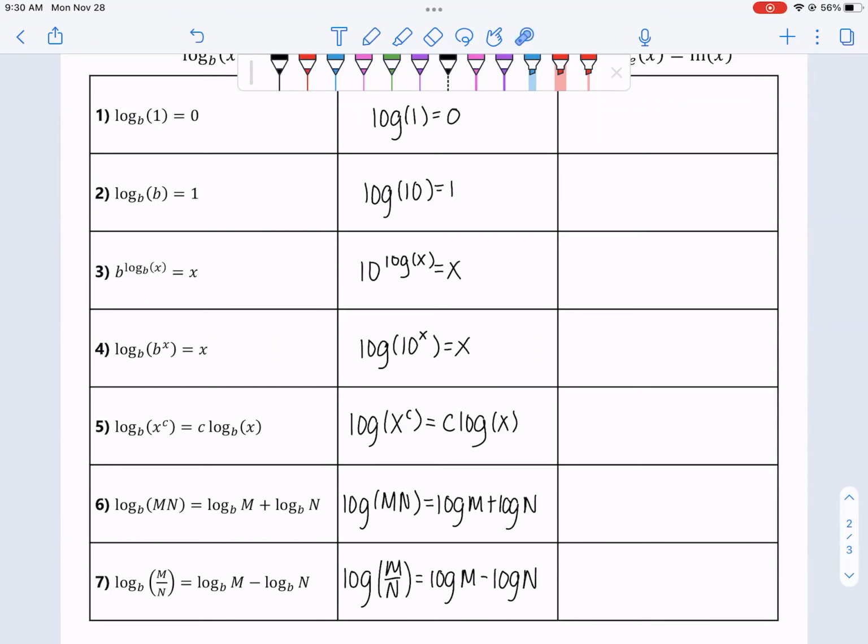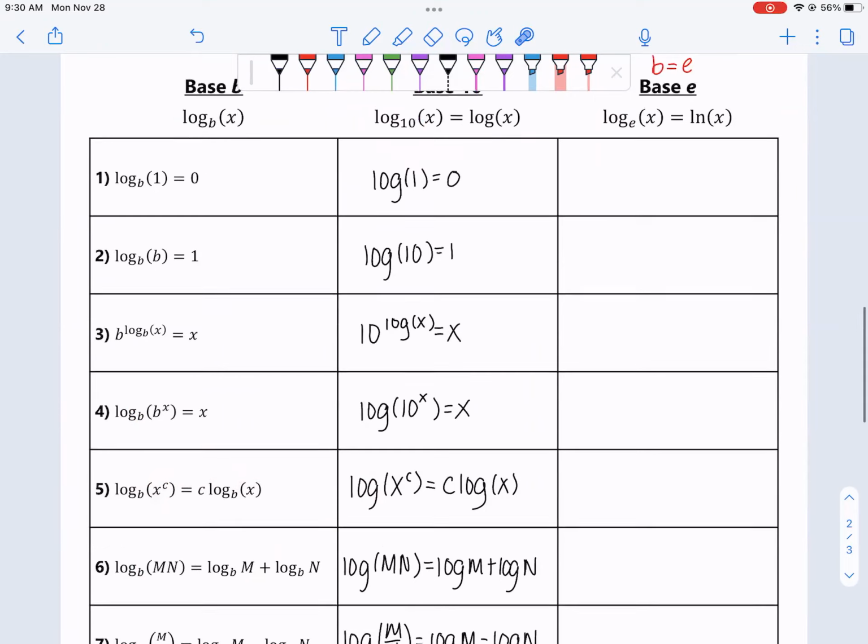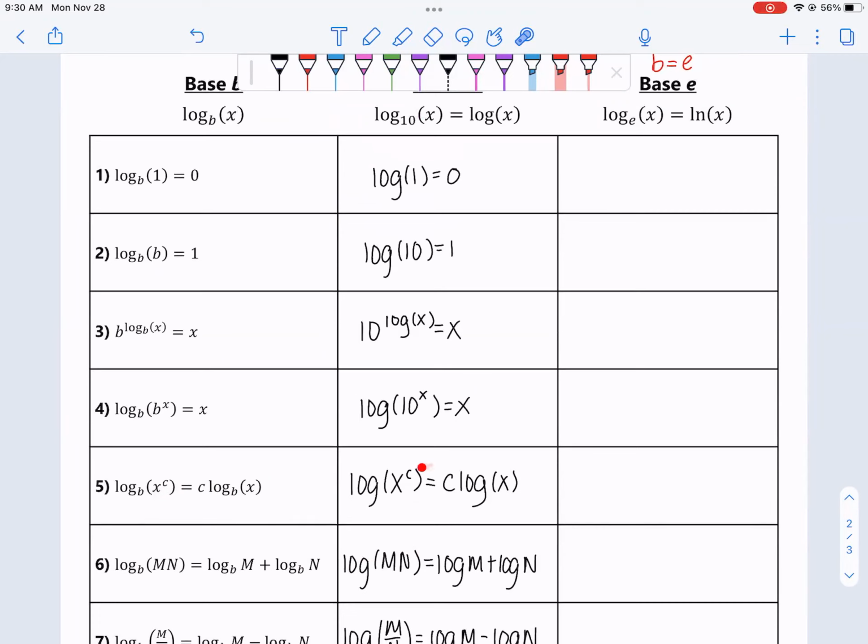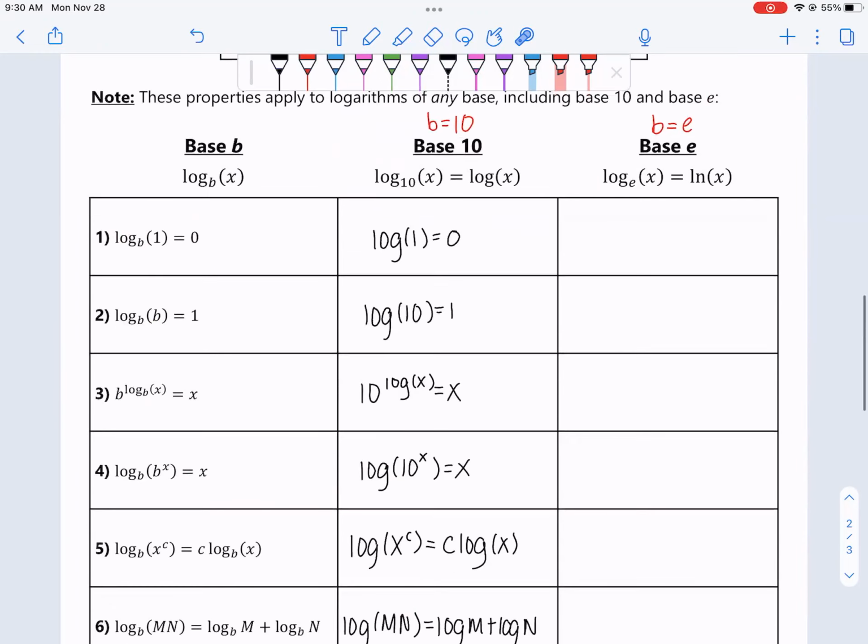These last three are literally just omit the b, because log base 10 is just log. The top 4, you have to keep in mind the base because the b changes. There's other instances of the b, but that's in base 10. If you're up for a challenge, now would be a good time to pause and try the base e.